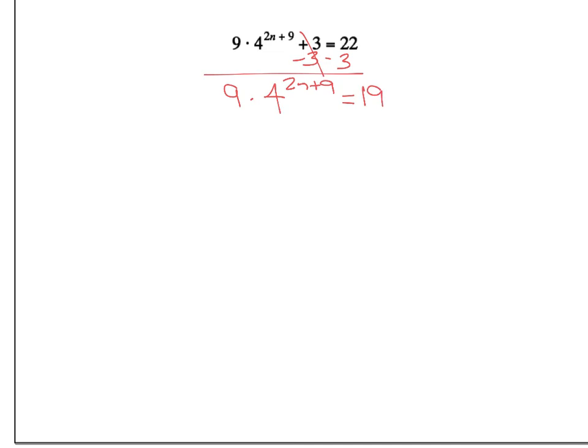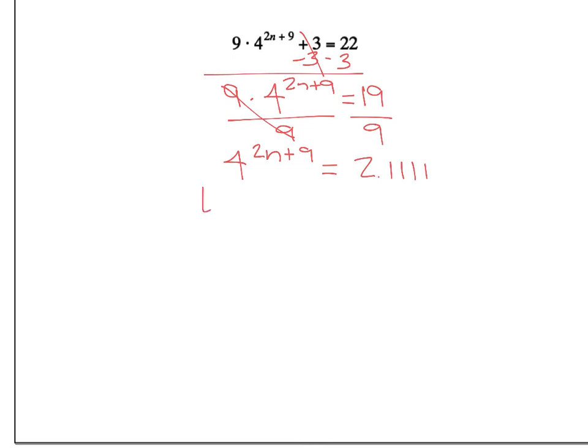All right, so here we are. So we subtracted the 3 from 22, so we got 19. So now I'm going to divide both sides by 9. So I'm going to get 4 to the 2n plus 9 equals 2.1111 repeating.